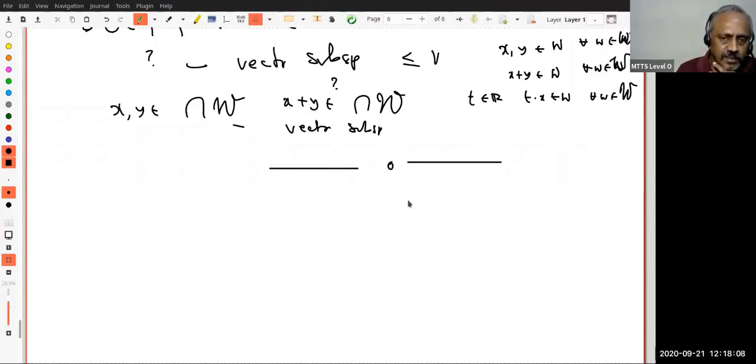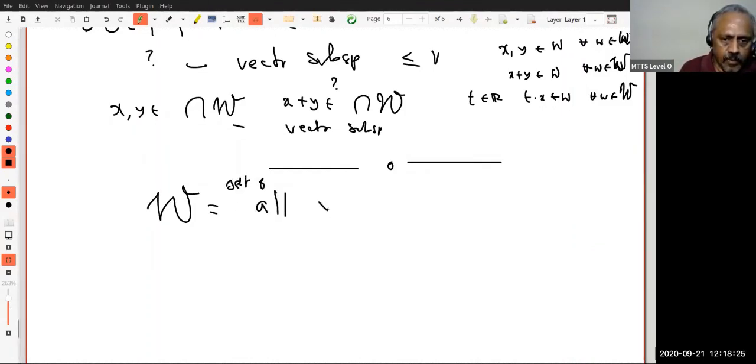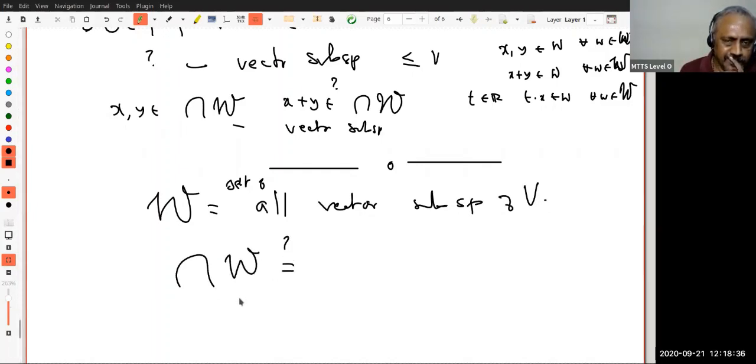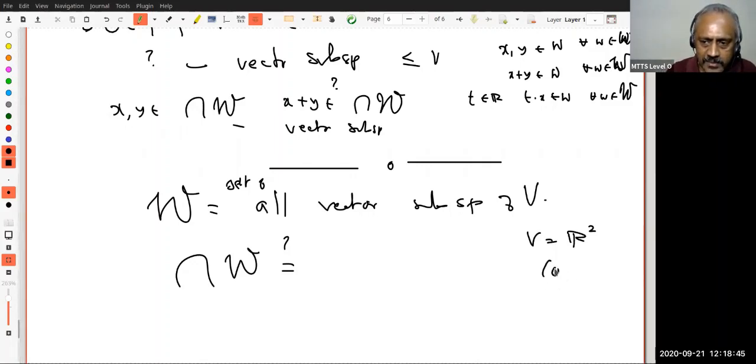Just to get you interested, let us see. Now suppose script W is the set of all vector subspaces. Then what do you expect the intersection of script W to be equal to? Notice that suppose B equals R2, we saw what all the vector subspaces of R2 are.